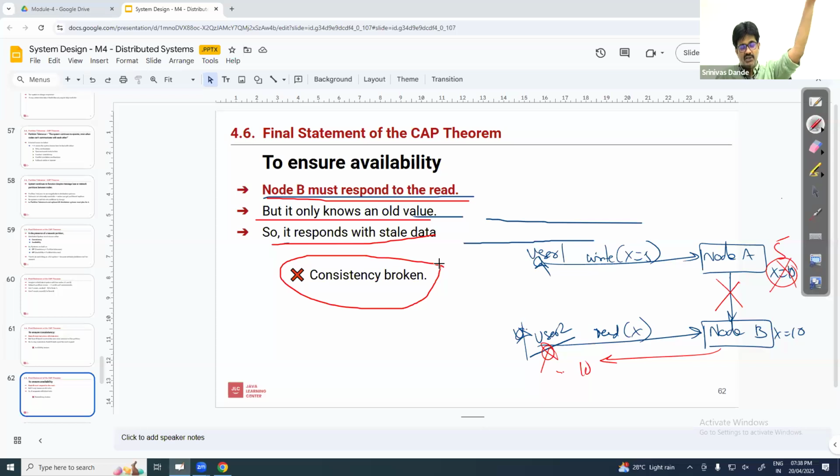So replication should happen, but replication is not happening. Maybe replication is delayed or it failed because there is no network communication here.